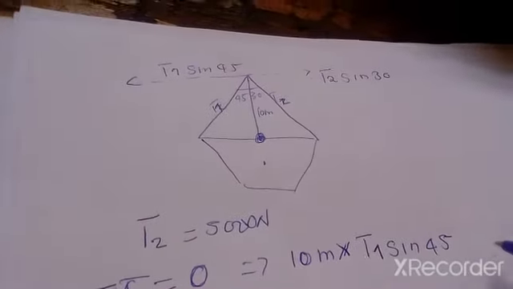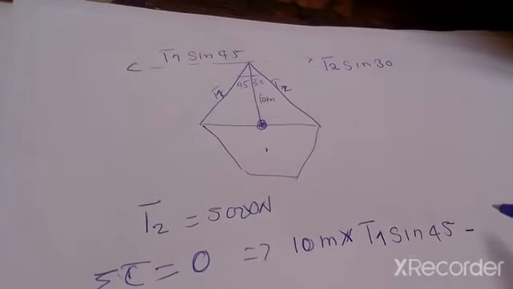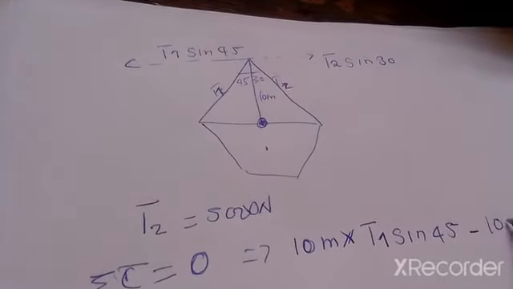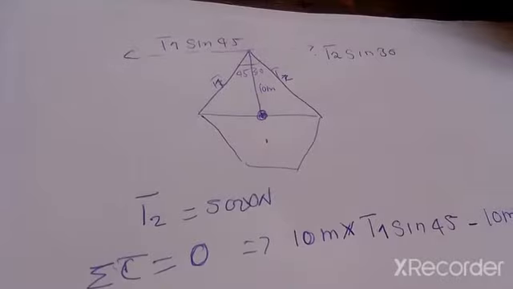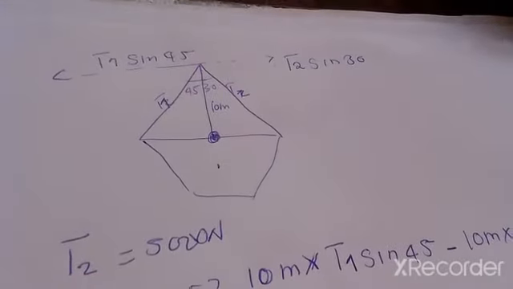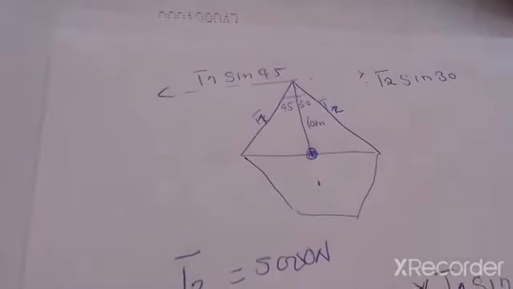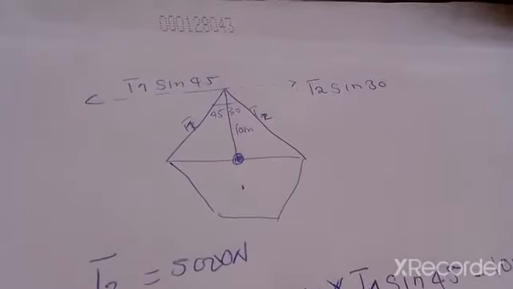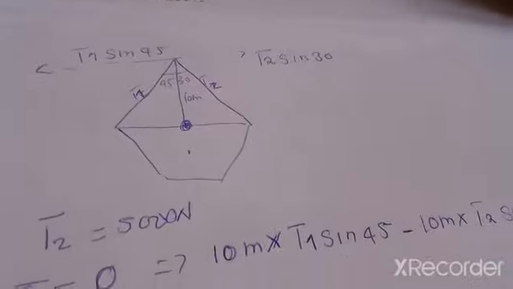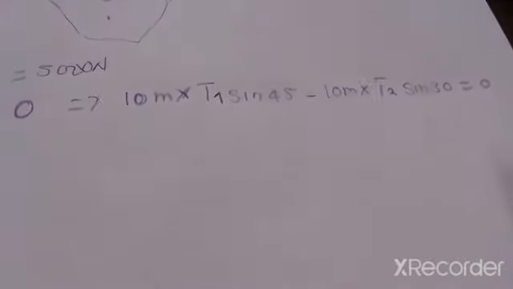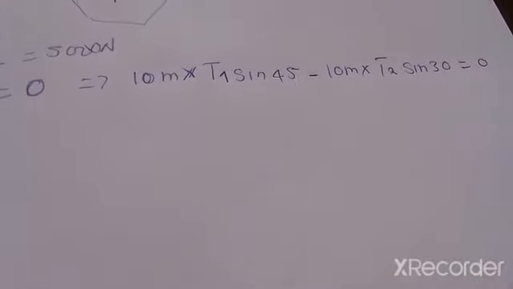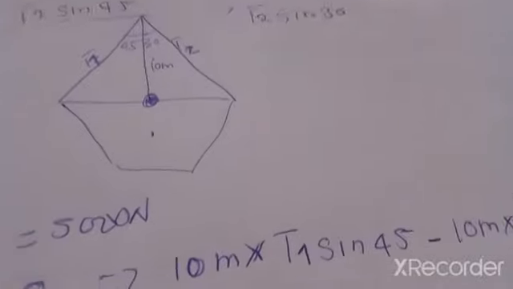This is anti-clockwise, minus the clockwise one, which will also be 10 meters times T2 sine 30. This is going to be equal to 0. So if we take this on the other side, it will become positive.